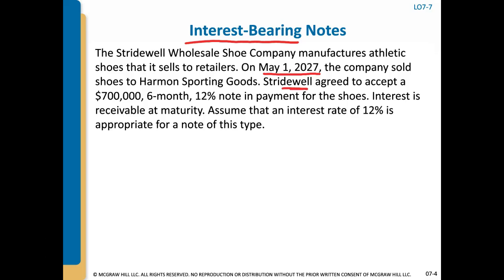Stridewell, the creditor, the lender, agreed to accept a $700,000 6-month 12% note in payment for the shoes. Interest is receivable at maturity, which means we, as the creditor, receive the interest at the end of the 6 months. And assume that 12% is an appropriate rate for this type of note.